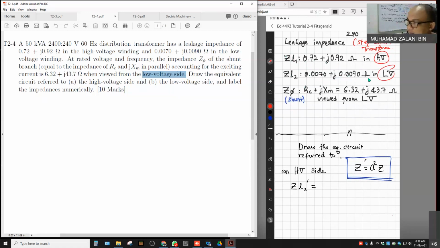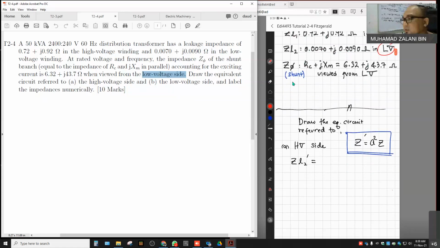The shunt impedance is also given, which we name Zφ for the shunt branch: Rc plus jXm, 6.32 plus j43.7 ohms.